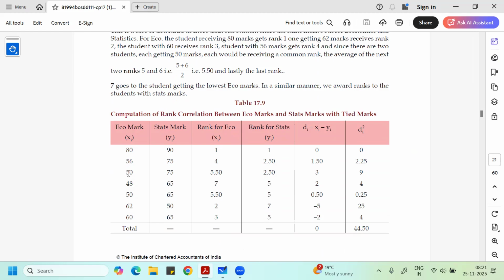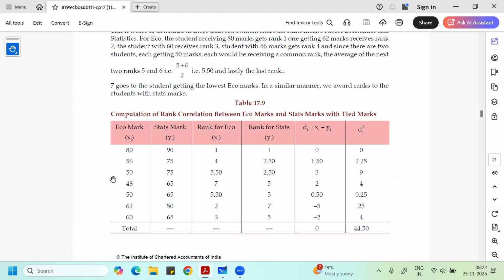If there's a tie between 5th and 6th rank, take the average of 5 and 6. The average of 5 and 6 is 5.5, so give them rank 5.5, 5.5. If you have any doubt, I have discussed this in my last video on Spearman rank correlation. If you go through that, you'll understand.